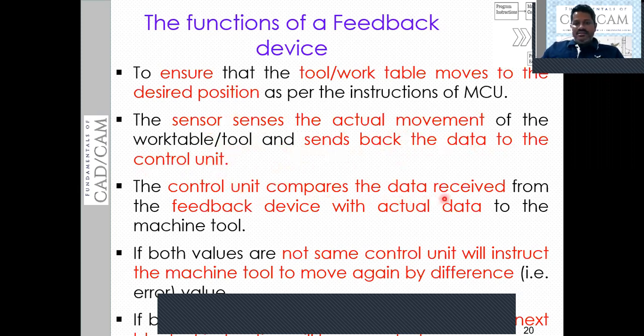If the data received by the control unit has any error or any difference between the previous signal and the received signal, then the machine will perform the actual work.